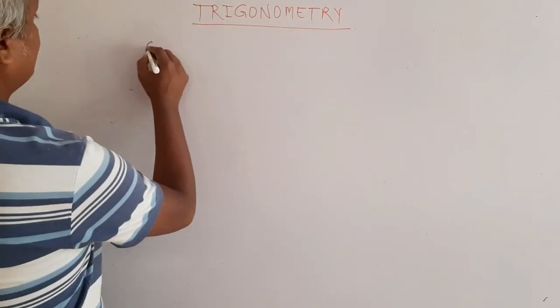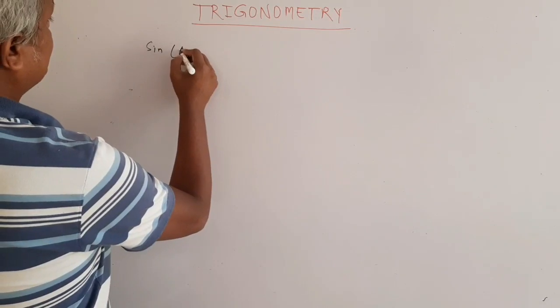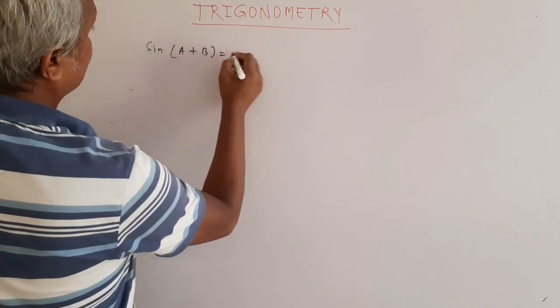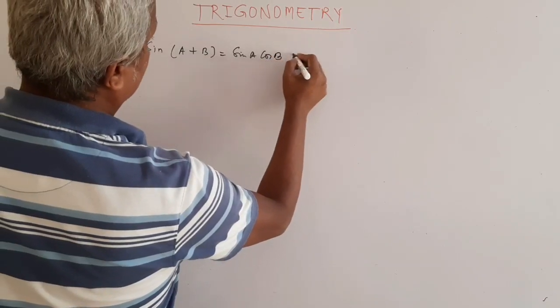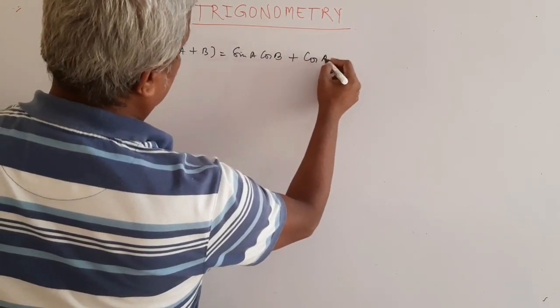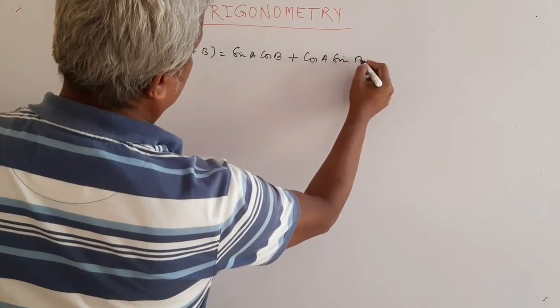So now you just saw those three formulas. I write again: sine(a + b) as sine a cos b plus cos a sine b.